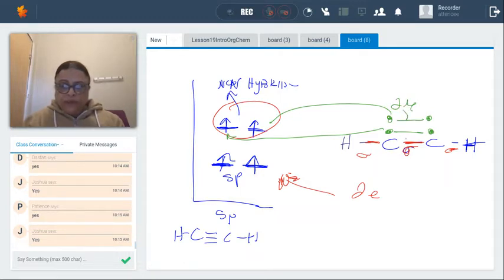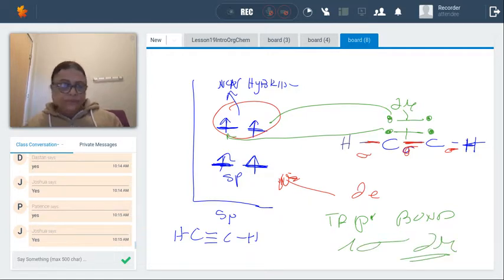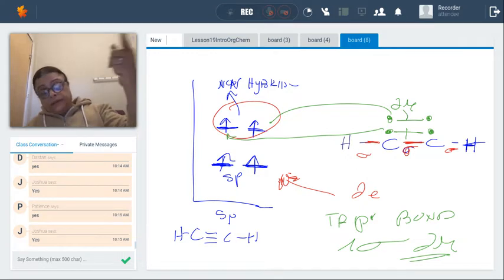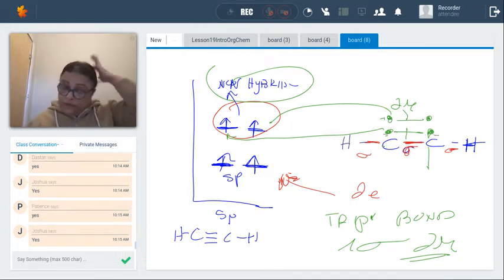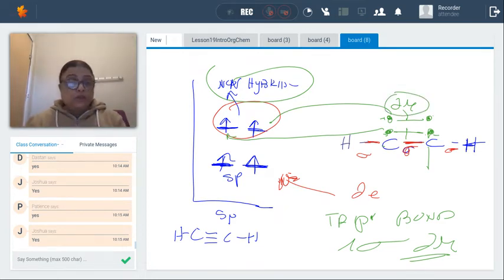This is 1 pi, and this is another pi. So a triple bond is 1 sigma, 2 pi. And the 2 pi come from the non-hybridized electrons. So this carbon has 2, this carbon has 2. Together we have 4 electrons, 2 pairs that form the 2 pi bonds. Capiche?